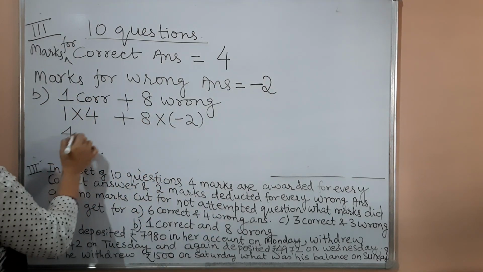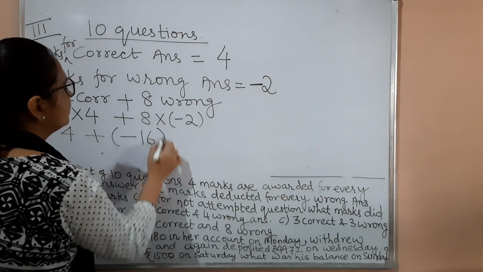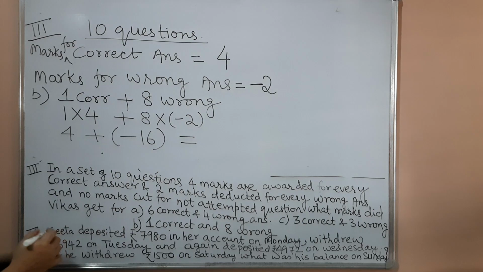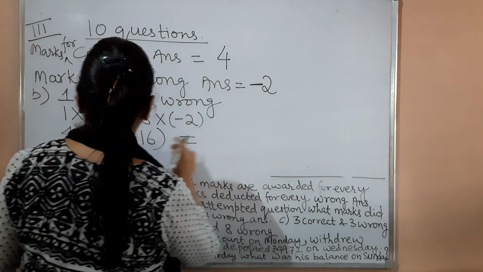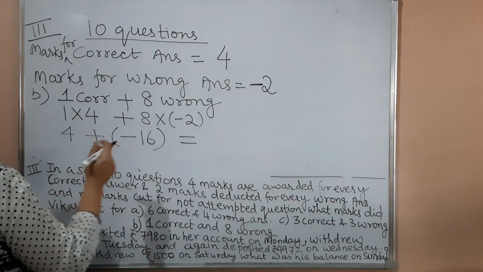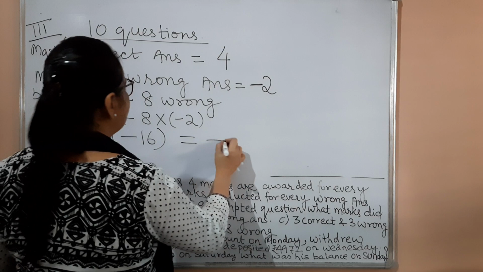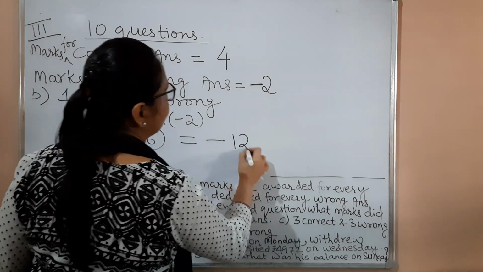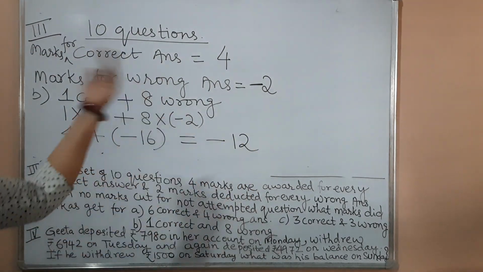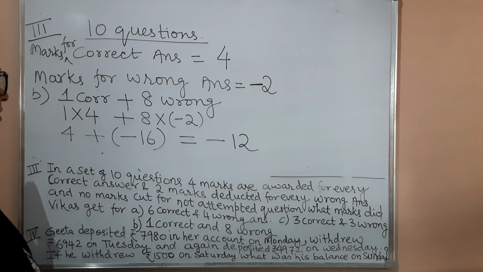So he is getting 4 marks, but he is losing 16 marks. That means he has lost. He did not even get 0 marks, he is getting less than 0 marks, and that is minus 12 marks. He is getting 12 marks less than 0, right? So this is B part.